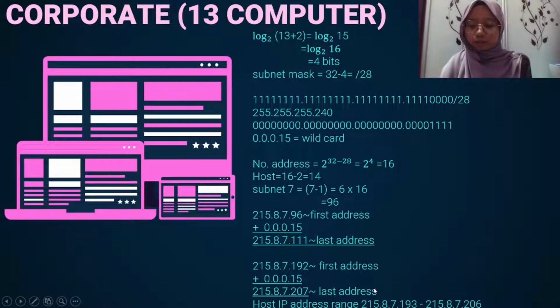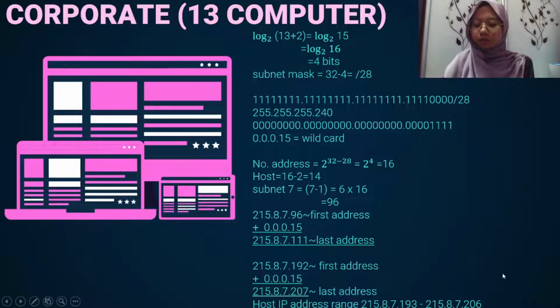We find this range from this: our first address must add 1 to get this host IP address range. For the last one, we find from the last address, which is 207, just minus 1. So we can get 206.